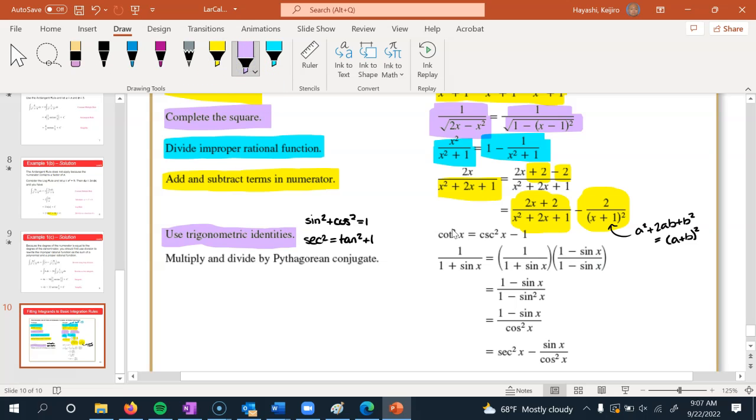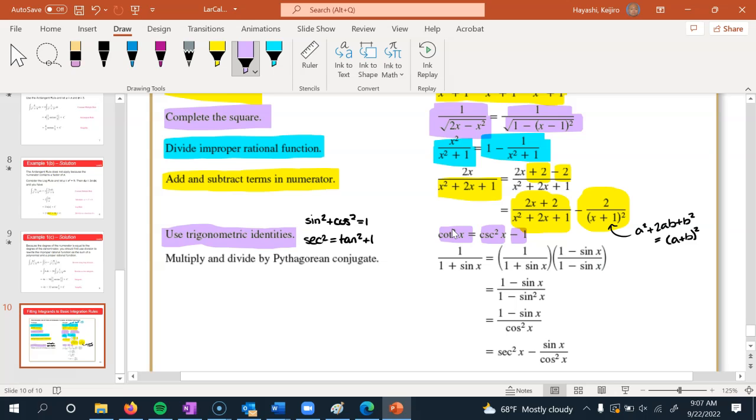So that would be good for if you had something like cotangent squared. You don't know the integral of cotangent squared. What you do know, possibly, is that cotangent squared can be rewritten as cosecant squared minus 1. Now, you do know the integral of cosecant squared. It is negative cotangent.